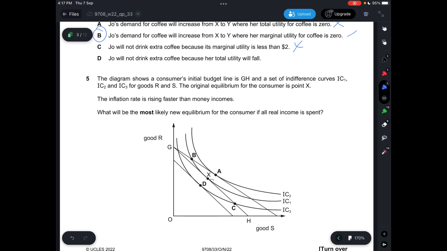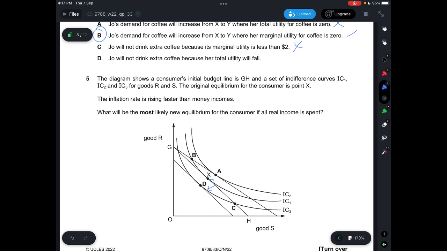Okay. So based on this, we need to look at income. Income effect means that you can buy less, or in this case, it's inflation rate. So inflation rate is rising faster. This one here should be income effect. So for the income effect, you need to shift it downwards like this.